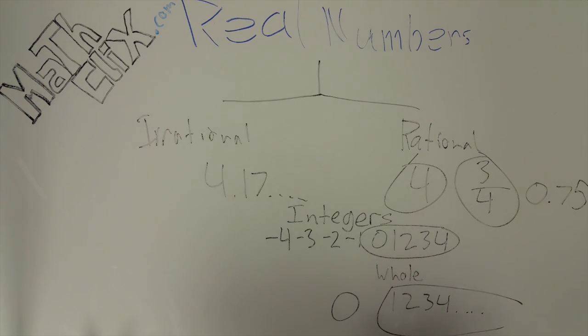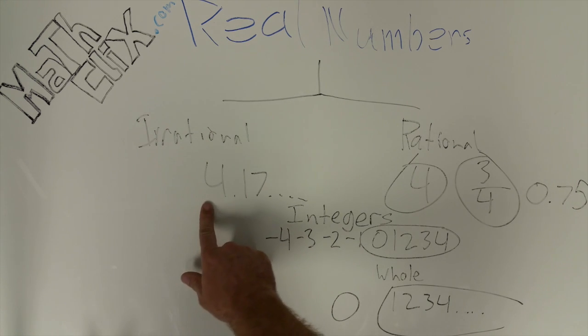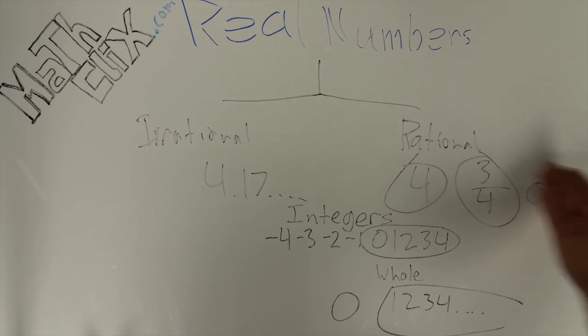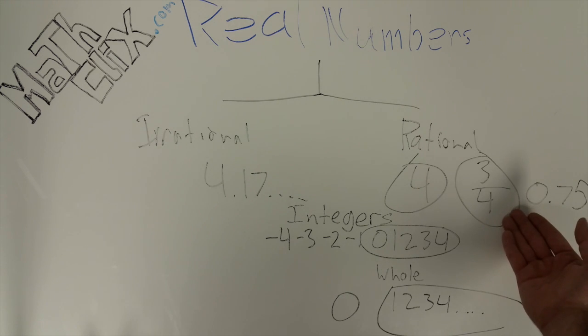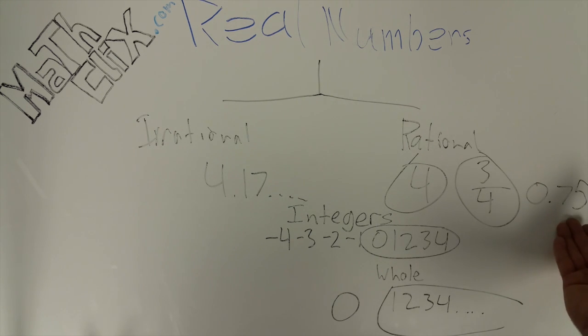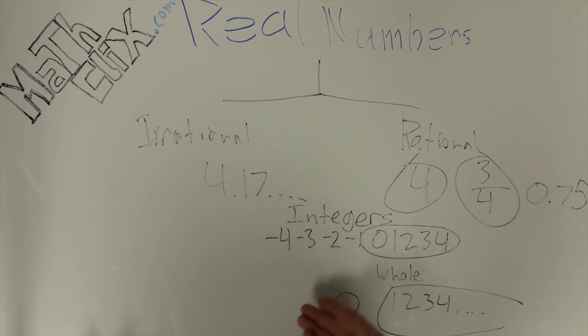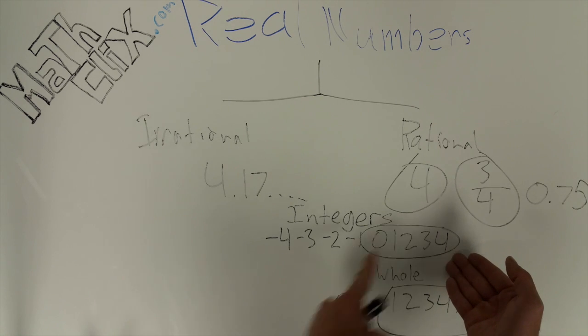So we've got real numbers, irrational numbers, numbers that go on forever and do not terminate. Rational numbers, they make very much a sense to me. We have the ratios and the decimals, and integers, which are broken down to negative and positive whole numbers, including 0.